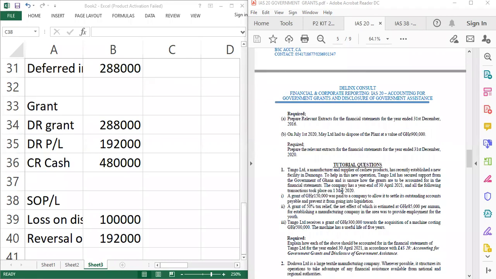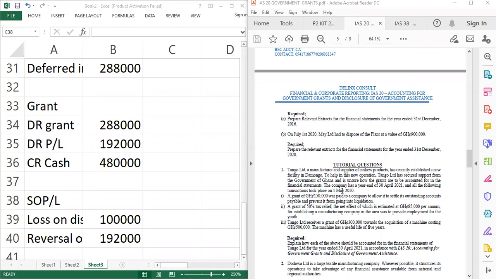Tango Limited, a manufacturer and supplier of cashew products, has recently established a new facility in Damongo. To help in this new operation, Tango Limited has secured support from the government of Ghana and is unsure how the grants are to be accounted for in the financial statements.